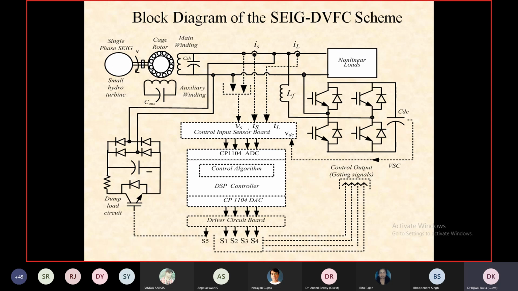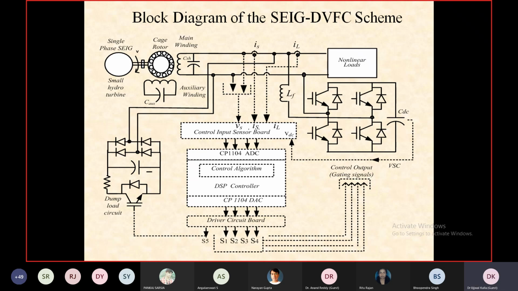But non-sinusoidal current never confirms that the load is non-linear. Load will be non-linear when the shape of the load current and load voltage will be different.